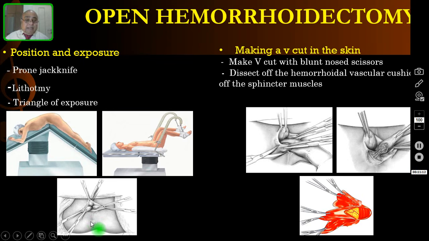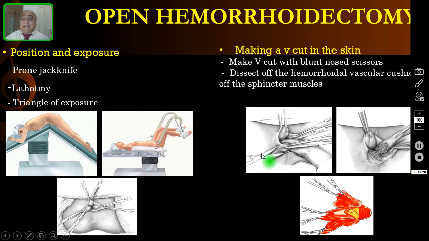Then the internal hemorrhoidal masses also, one by one, you have to catch with another hemostat. You can use curved artery forceps to catch the internal hemorrhoidal masses. This is what you are seeing here.